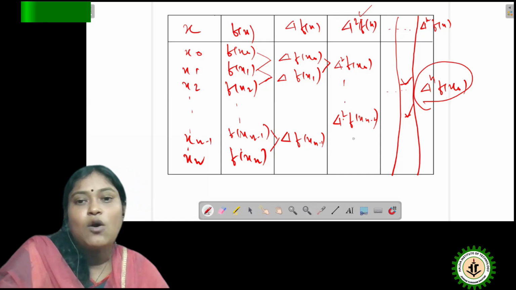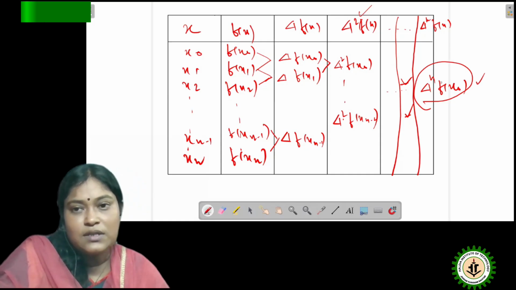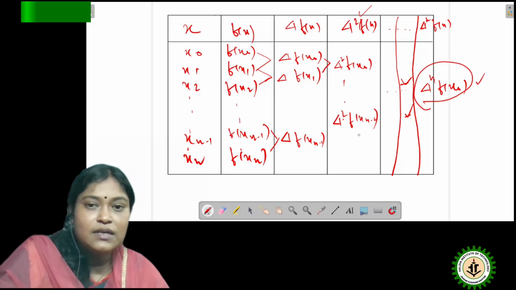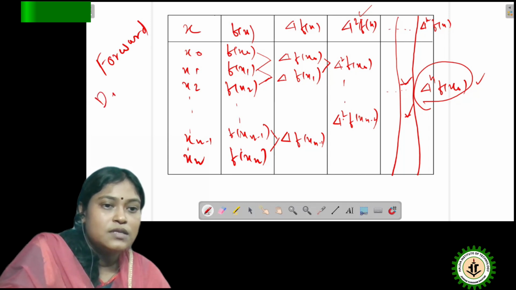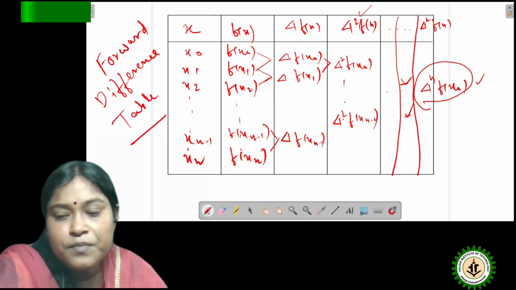In this way, we will get all the values. So proceed for the nth order, and in this way I will get the table. This is nothing but the forward difference table.